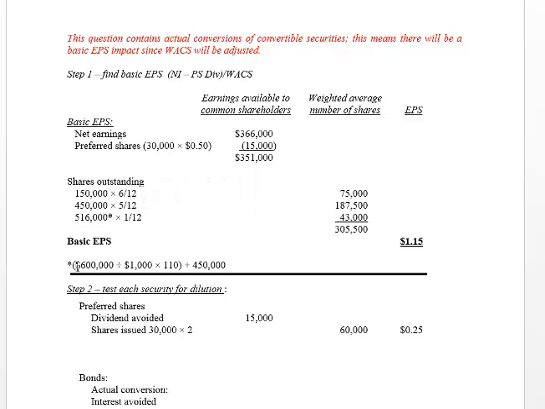Well, the question said that we had 600,000 in bonds, and each $1,000 bond, so dividing by 1,000 to find out we have 600 bonds, each bond worth $1,000. Each of the 600 bonds was converted into 110 common shares.